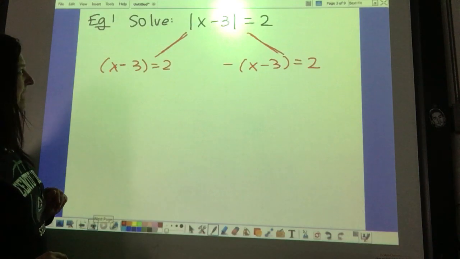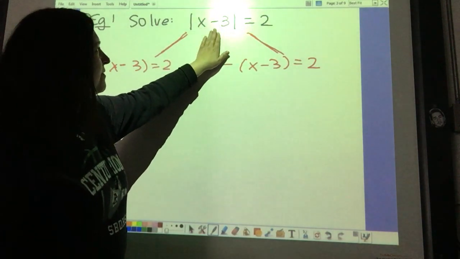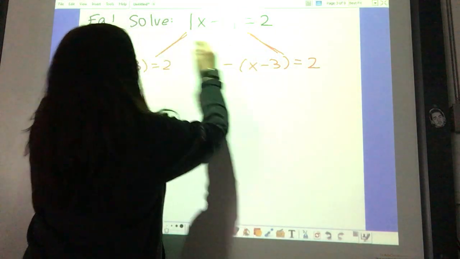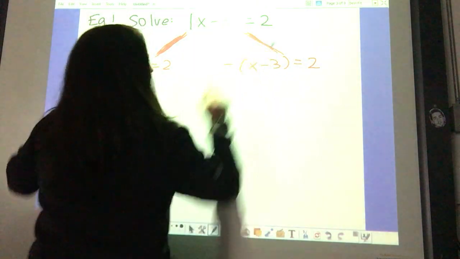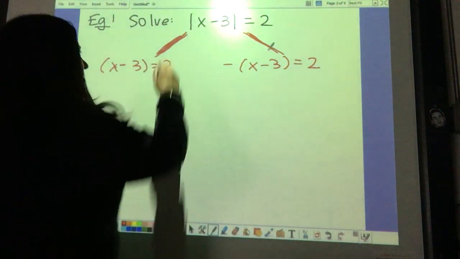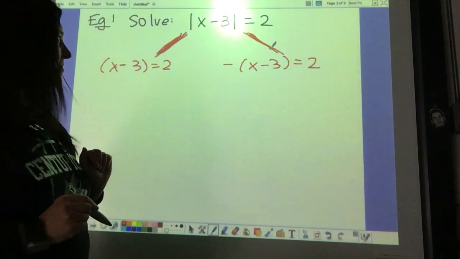Okay, so let's try a few examples. Our first example, the absolute value of x minus 3 is equal to 2. The first thing I do is draw two lines like this before I do anything, to realize there's two equations to solve. That's a cue to my brain: remember there's two equations to solve.